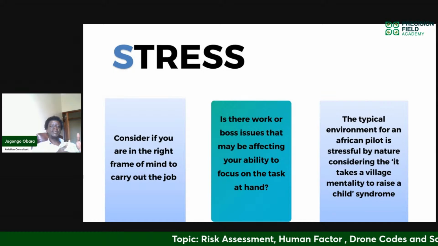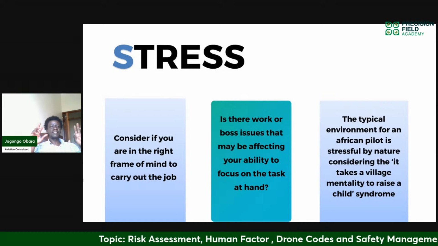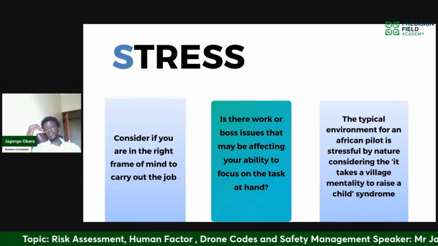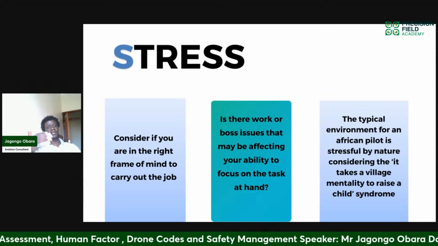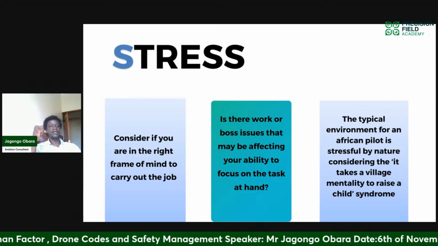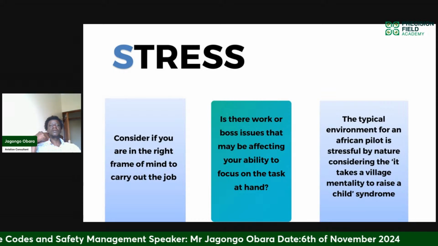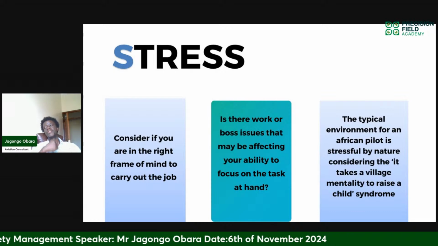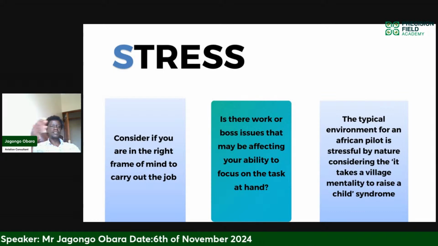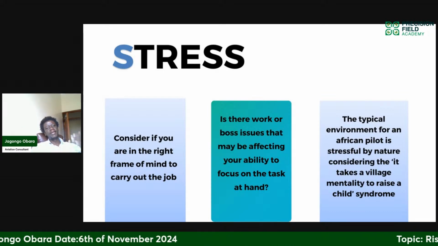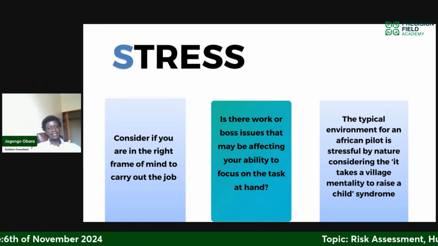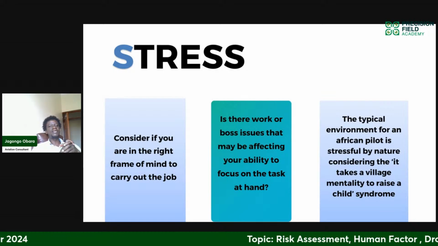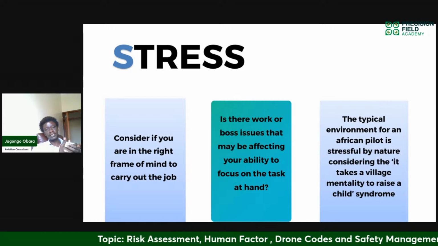Now, meeting those obligations is a stress factor on its own. So we want to make sure that as much as we are helping farmers or flying our agricultural drones, whatever scenario we are involved in is not risky and is not imposing unnecessary stress on us as drone operators.